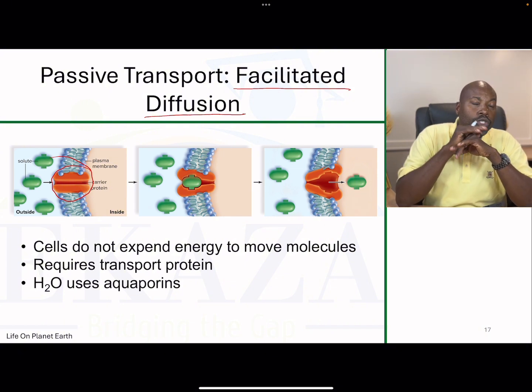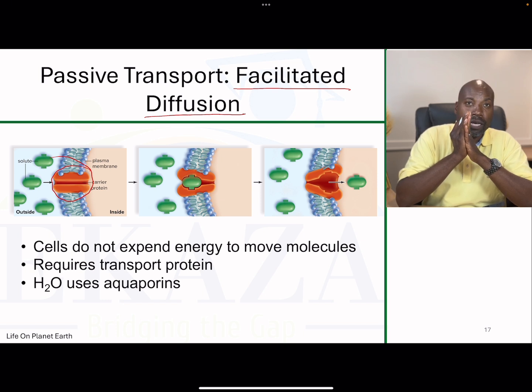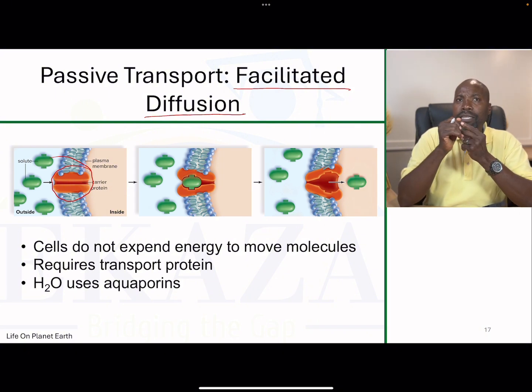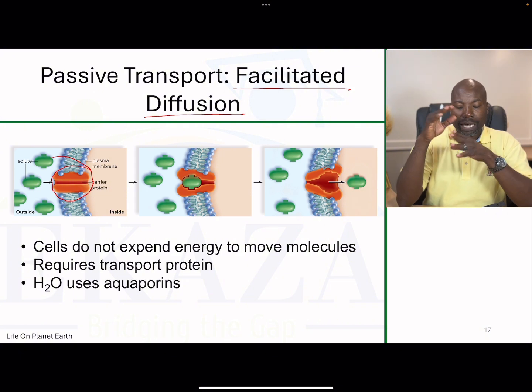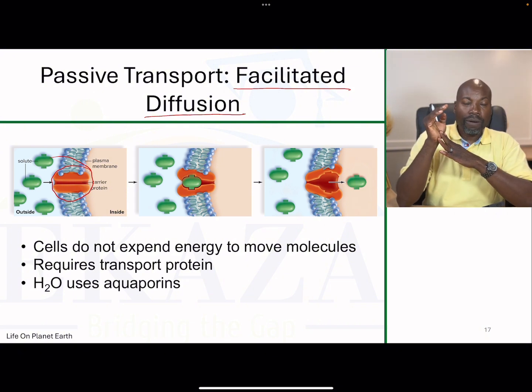If the chemical does not match the shape of the channel, that chemical will not go through. It's also going to discriminate based on the size of the chemical, right? So you have the size, the shape, and the charge of the chemicals as the conditions for the chemical to go across, right?